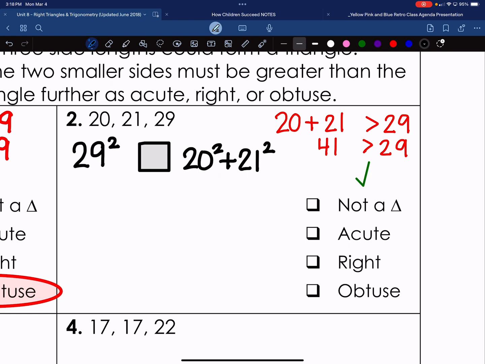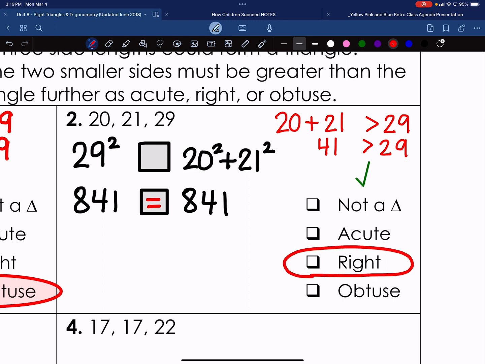Okay, 29 squared gives us what? 841? Okay, what do we get on the other side? Same thing, 841. So that means these two pieces are what? Equal. And what kind of triangle do we have? A right triangle. Good.